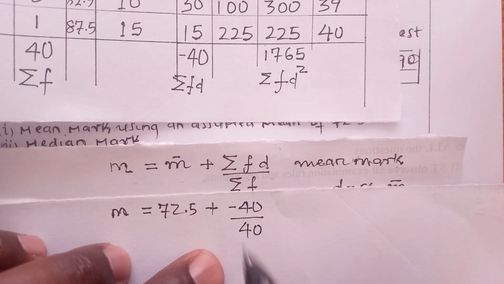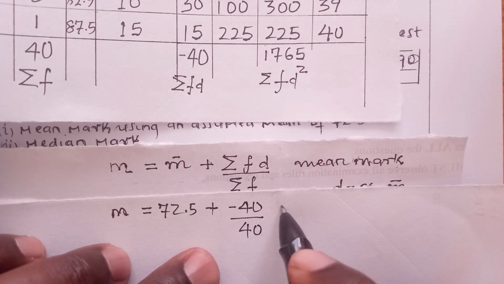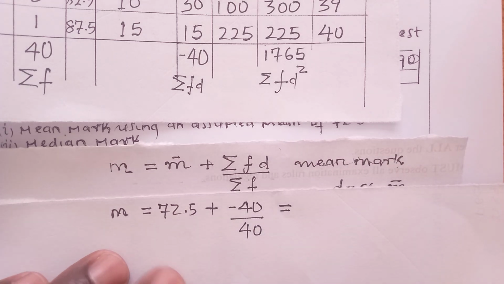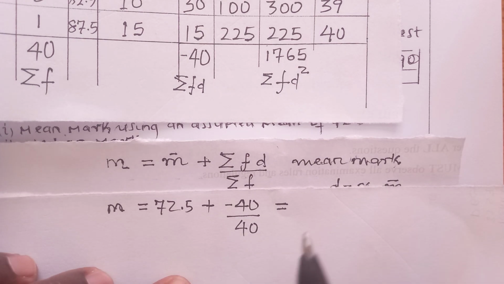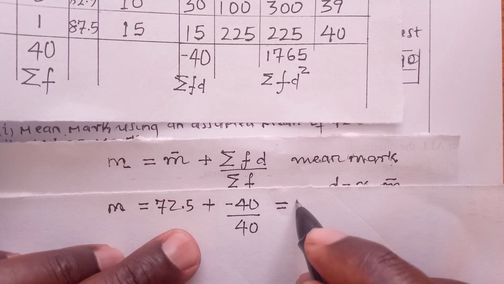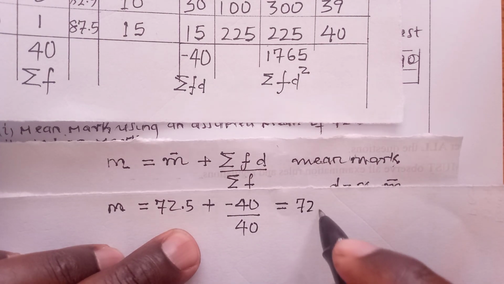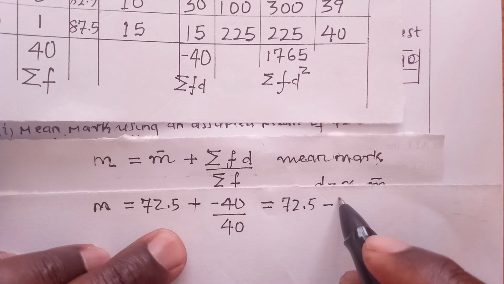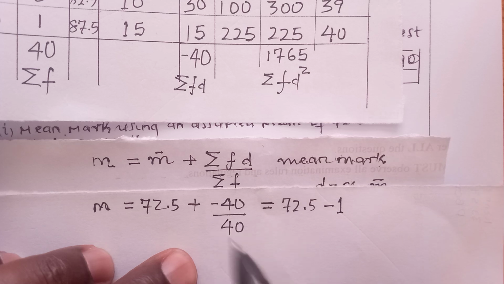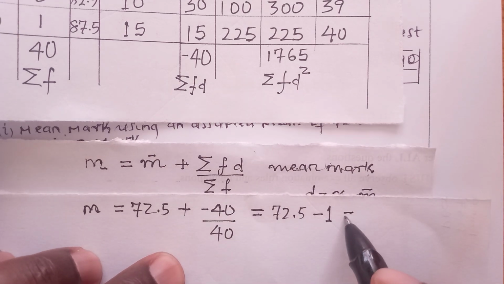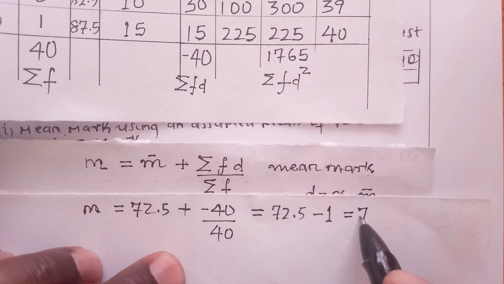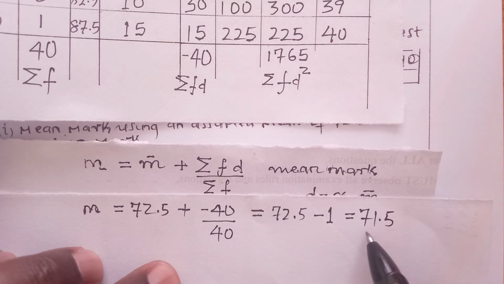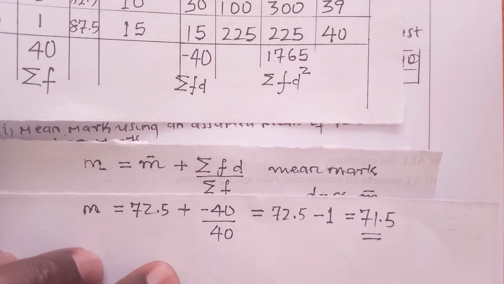Like that. So this one is going to give me, we check it very well, it's going to be 72.5 minus 1. This is 1. So it is going to be 71.5. So that is our mean mark.